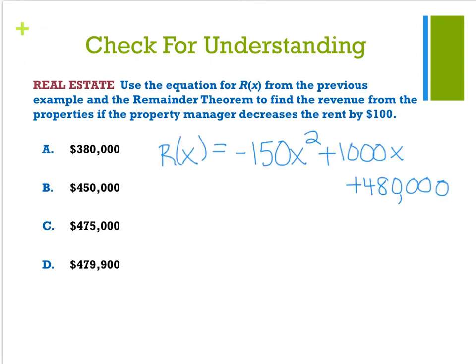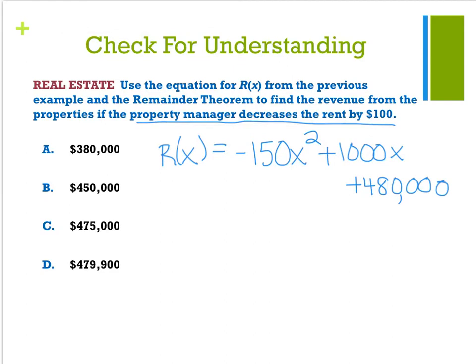Okay, so we had the function R of X equals negative 150x squared plus 1,000x plus 480,000. And what we want to know is how much revenue is created from the properties if the property manager decreases the rent by $100. Now remember, for every $10 decrease, the property manager can rent out 15 more units.